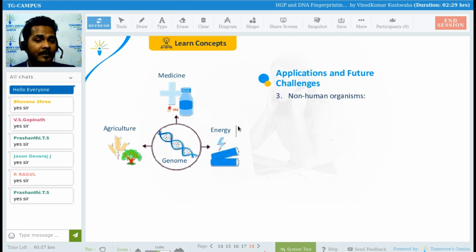So we can utilize DNA sequencing in healthcare, agriculture, energy production, and environmental remediation. Is this clear?